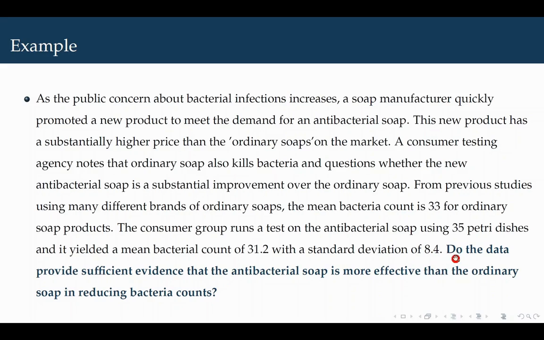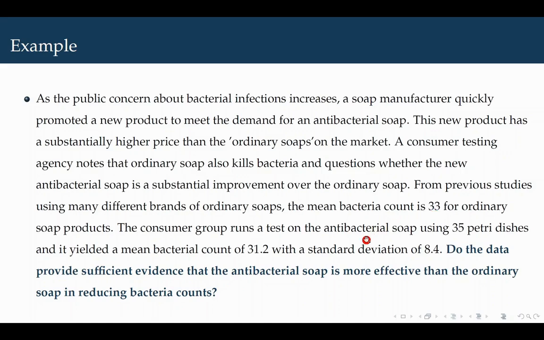So here it says, do the data provide sufficient evidence that the antibacterial soap is more effective than the ordinary soap in reducing bacteria counts? It is given that from previous studies using many different brands of ordinary soaps, the mean bacterial count is 33.